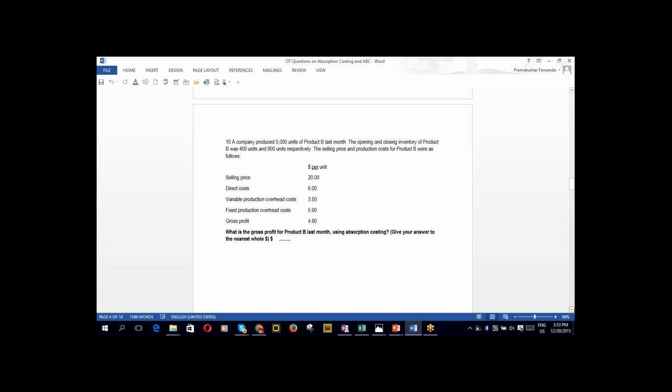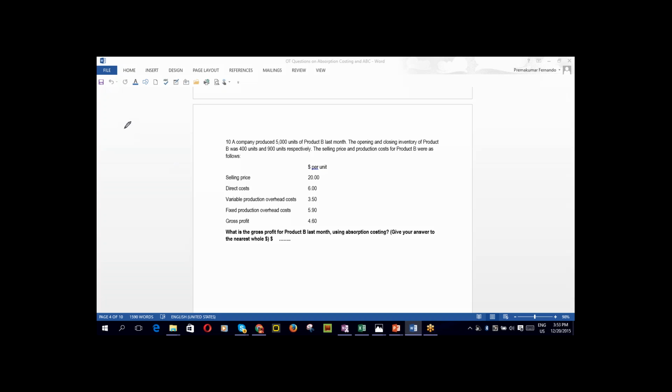So what is given is the selling price, production cost, all that is given. So we can work it out now. Here we have to find out the total sales.